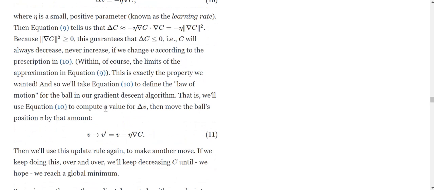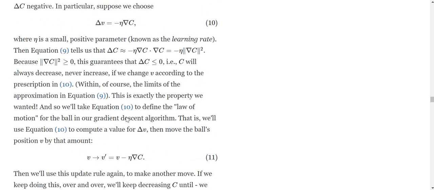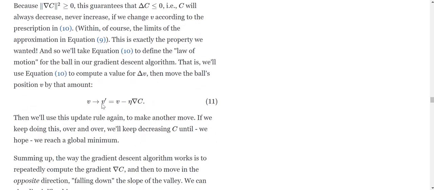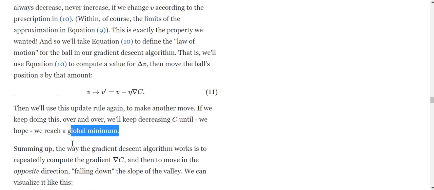We'll use the equation to compute a value for delta V and then move the position of the ball V by that amount. You will move the ball from V to a position V prime or V dash, which is V minus this quantity. Essentially, you're using this as your rule. This is how you're going to update again and again till you reach a point where you are no longer going to update, and we hope that point is the global minimum.